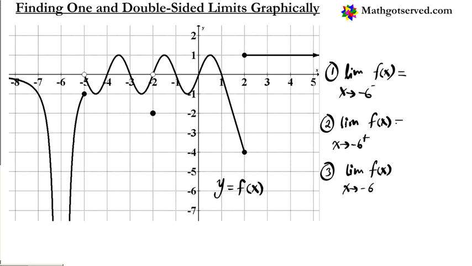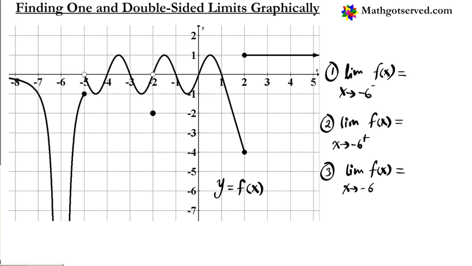Let's do the first one: the limit as x approaches -6 from the left. You notice that we're focusing on this area right here, and we have an infinite type of discontinuity here. So the question is, as x is approaching -6 from the left side, what is happening to the y value?